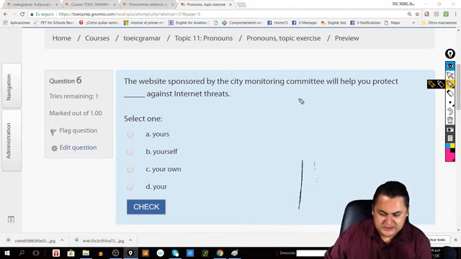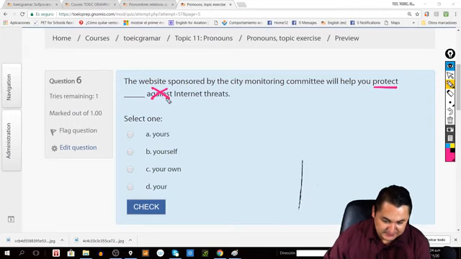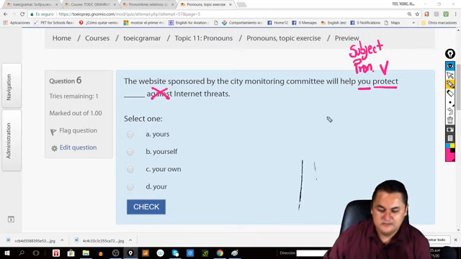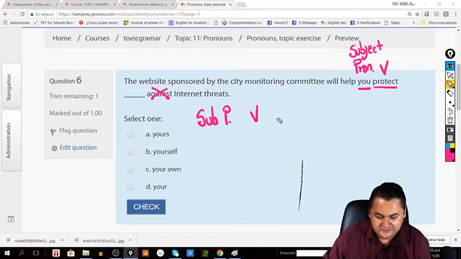In this exercise we have protect. Against is a preposition. There's nothing I can do there, but here I have a verb. Here I have a subject pronoun, then I have a verb.